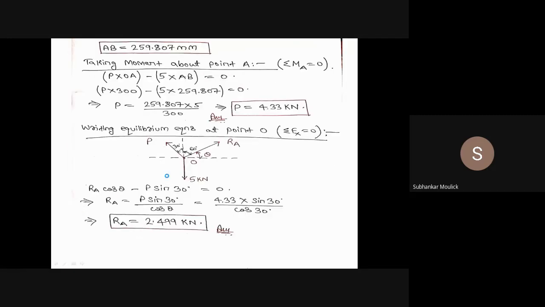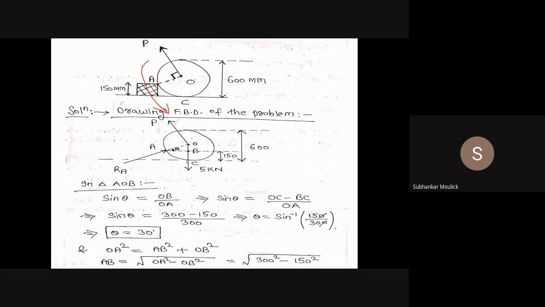P into OA, and another force is this 5 kilonewton. So force into perpendicular distance, that means this distance, and this distance is nothing but AB, that is 5 into AB, and this 5 into AB is making a clockwise moment.